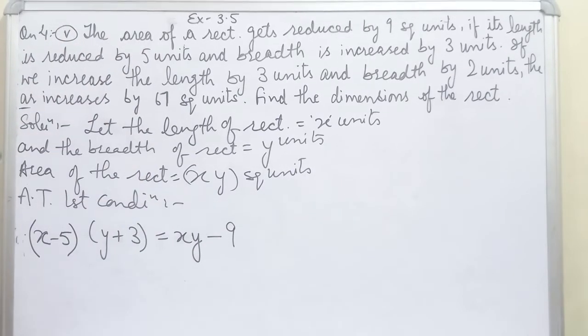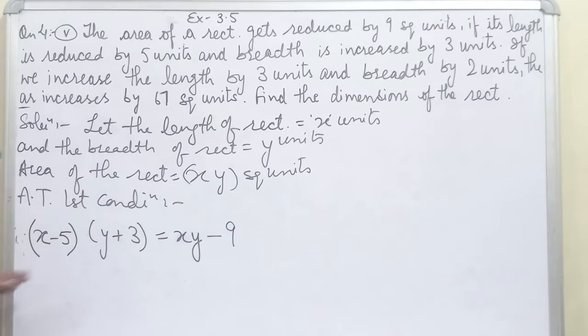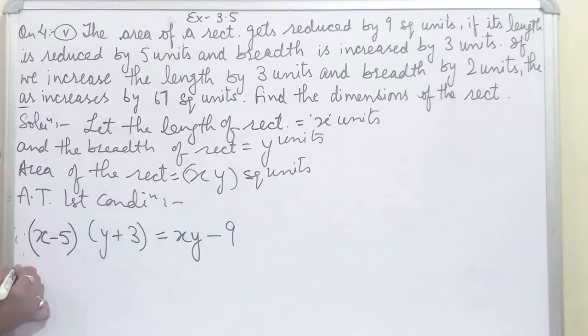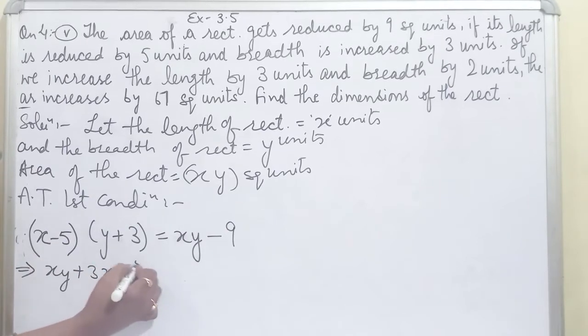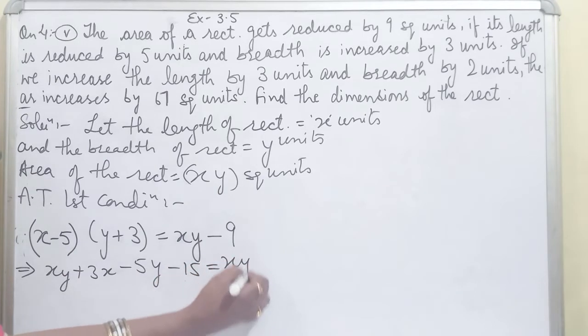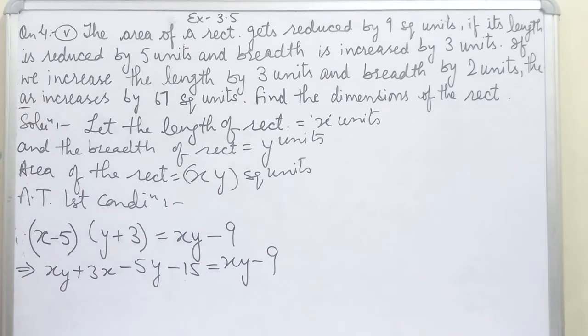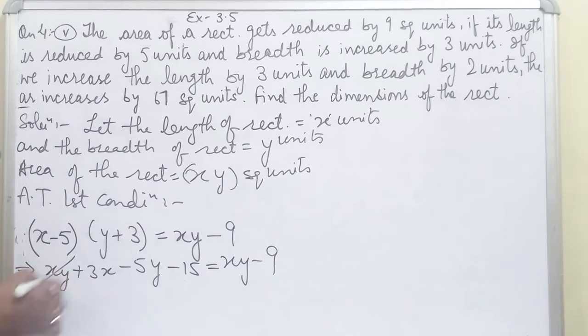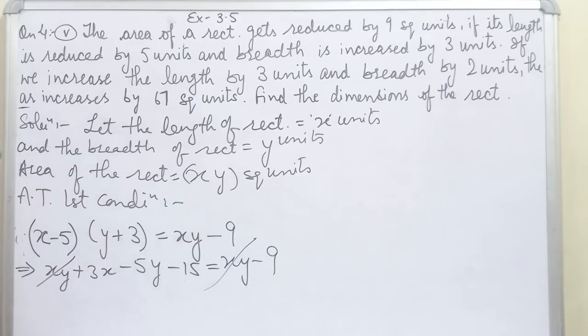If length is reduced, breadth is increased, then area is reduced. So it's a very simple question. Now you just have to open up the bracket. What do I get after this? If I open the bracket, what am I getting here? xy plus 3x minus 5y minus 15 is equal to xy minus 9. xy and xy will cancel out, okay?